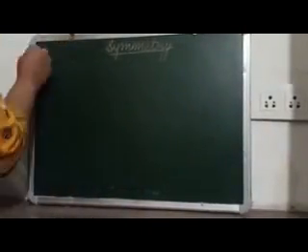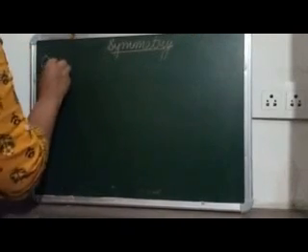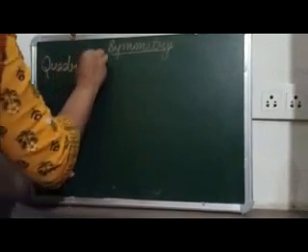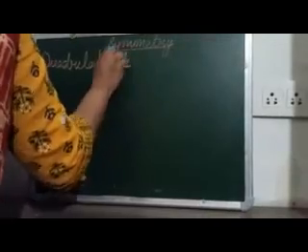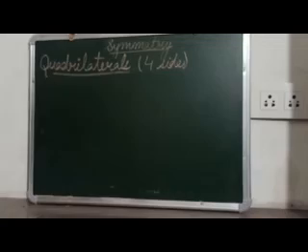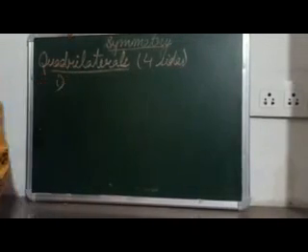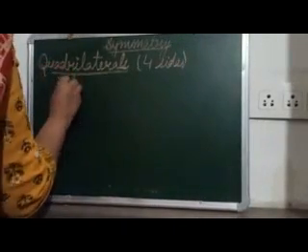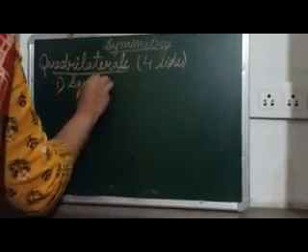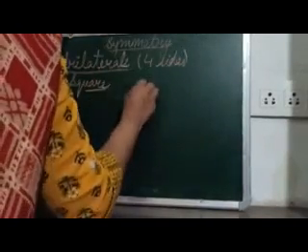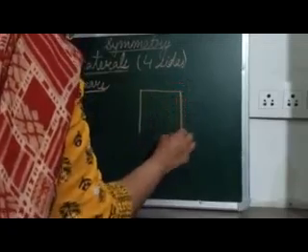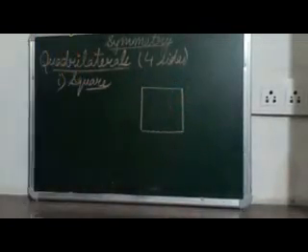Now coming to the next geometrical shape, that is quadrilaterals. There are various types of quadrilaterals, and a quadrilateral is a figure which has four sides. Now first of all we will discuss the square. A square is a figure which has all its sides equal, and it is a four-sided figure.